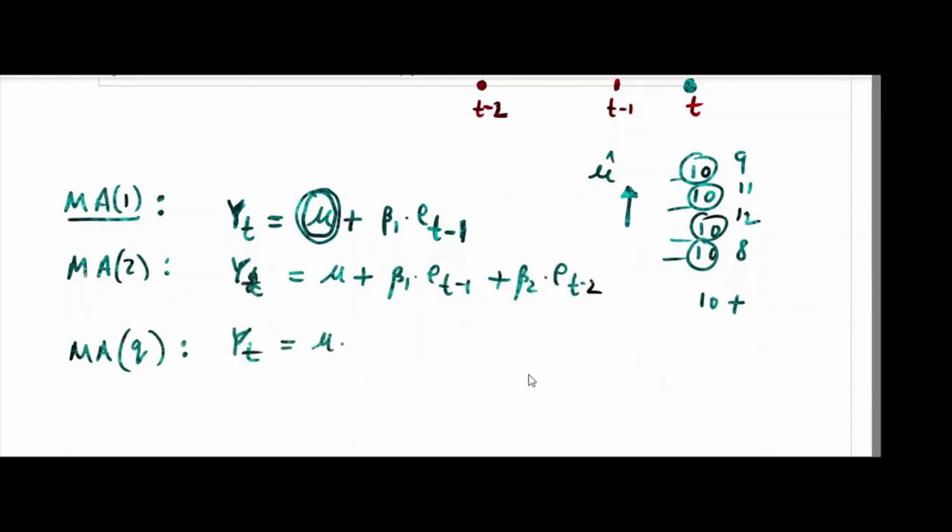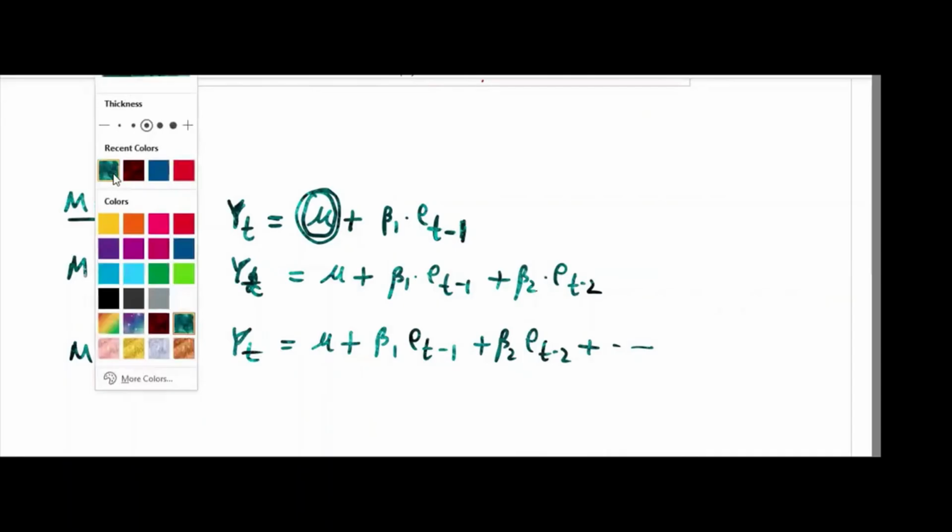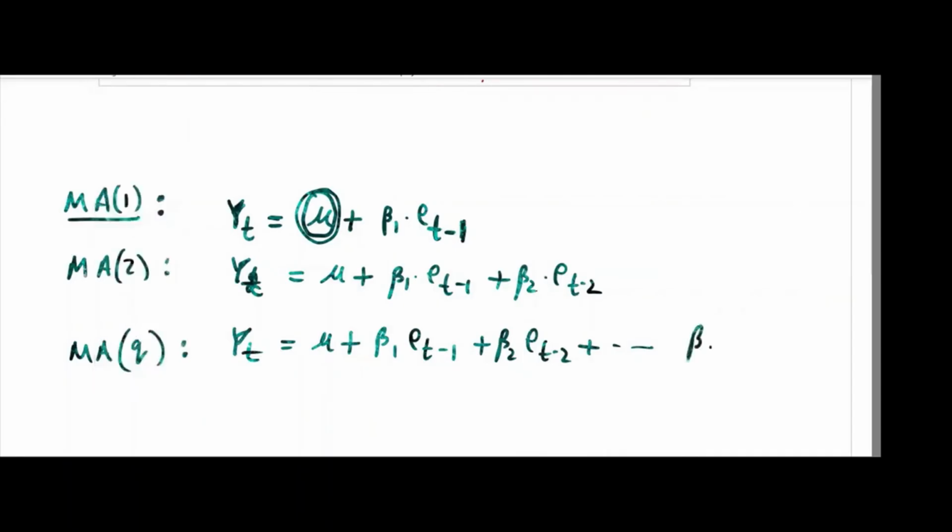Remember, in each case, beta 1 e(t-1) plus beta 2 e(t-2), and you can go up to beta q e(t-q). So this is MAq process, okay.